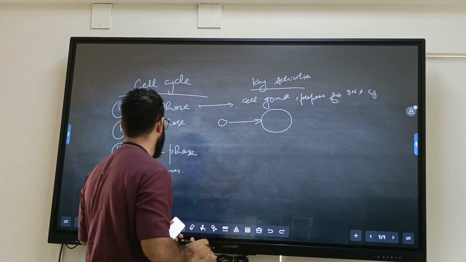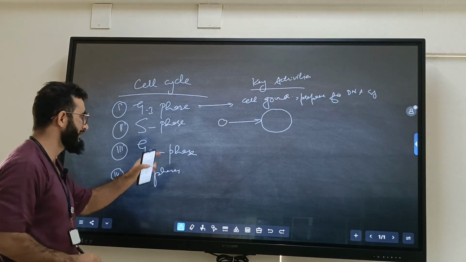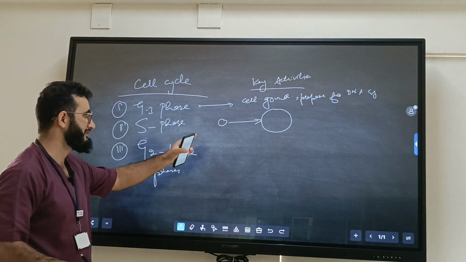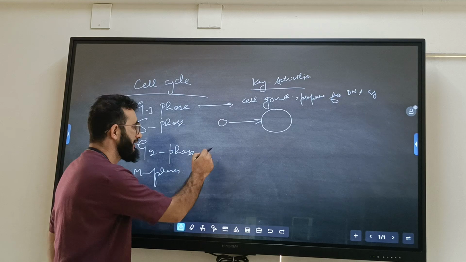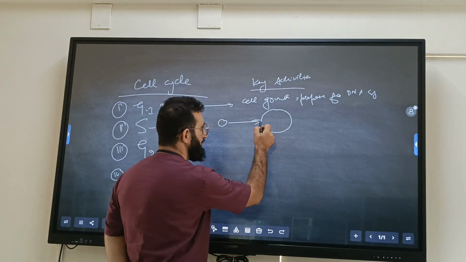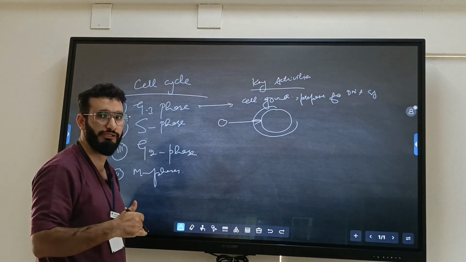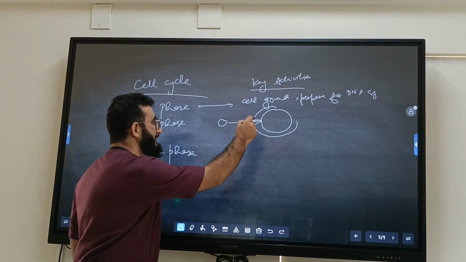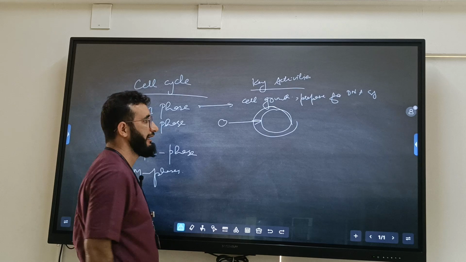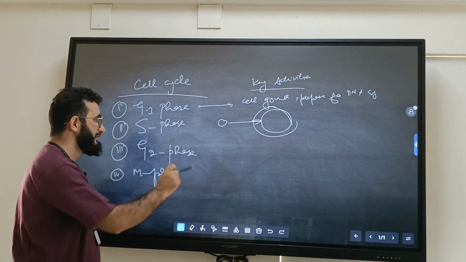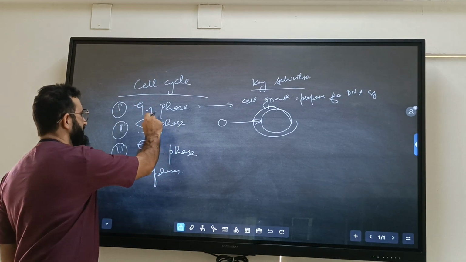So the cell which wants to divide will undergo growth, and its size will get enlarged in preparation for DNA synthesis. So this is the first event, in the G1 phase.